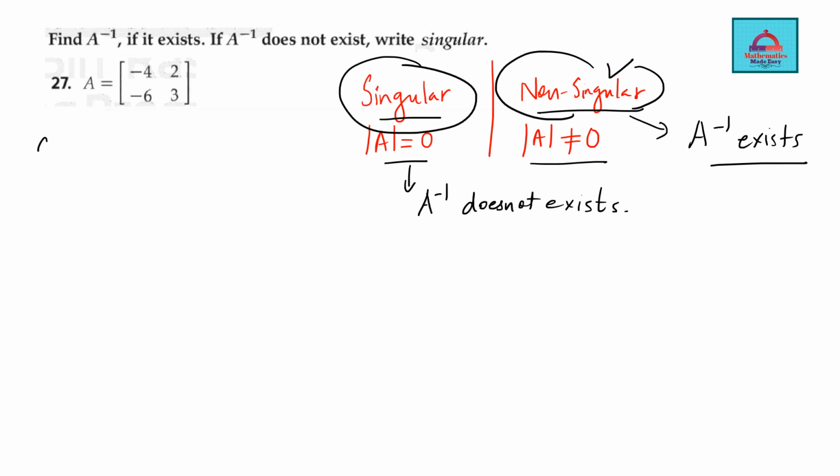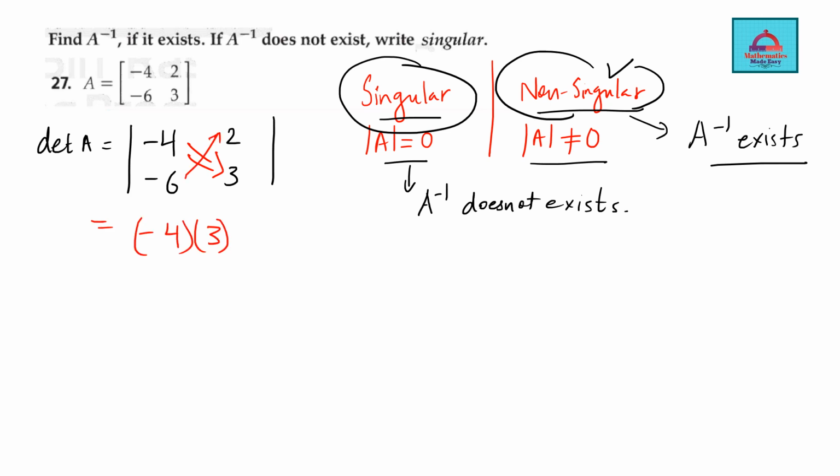So let's now find the determinant of A, because that is very important to determine whether the inverse would exist or not. I change the brackets, and now I do the determinant by multiplying the primary diagonal and subtracting the secondary diagonal. So minus 4 will be multiplied with 3, subtract the secondary diagonal, minus 6 and 2. Now, some of you will make a silly calculation mistake and forget to put brackets or make a sign mistake, so be very, very careful.